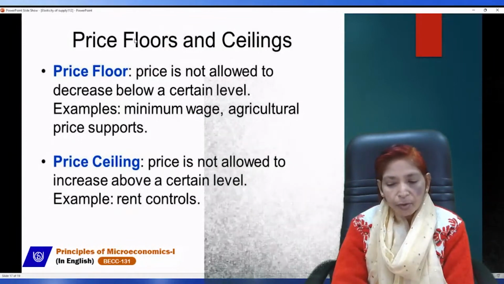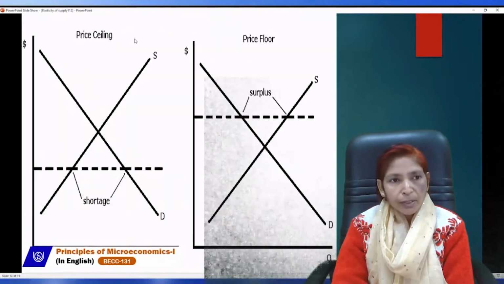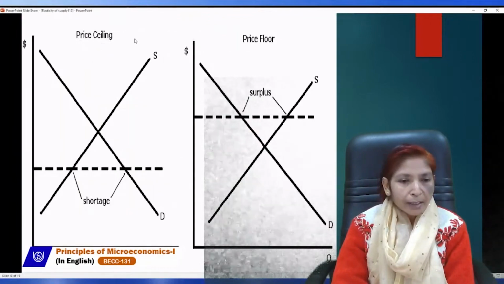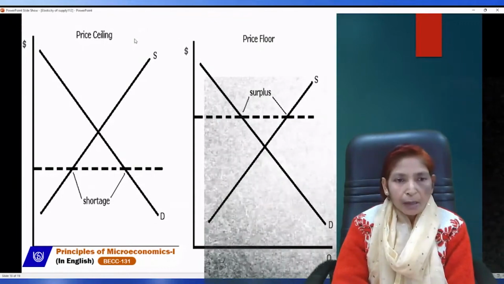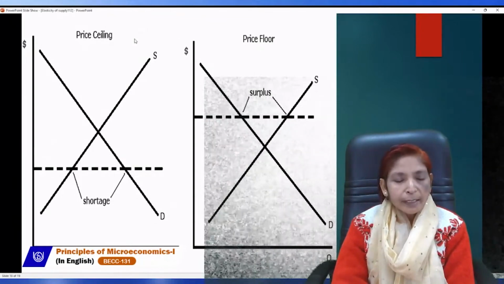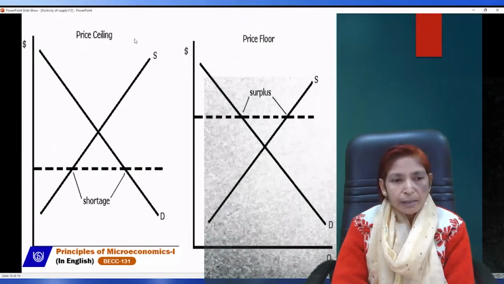Price ceiling and price floor both can be made clear with the help of this diagram. Here in this diagram, the demand curve is downward and the supply curve is upward. Where both curves intersect each other, the equilibrium price is determined.